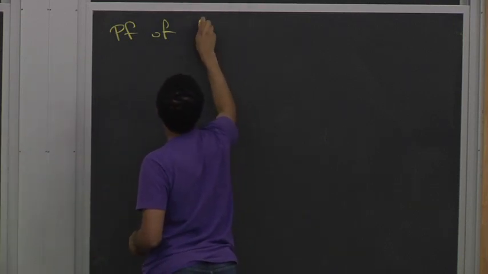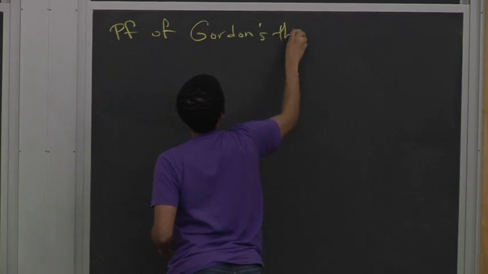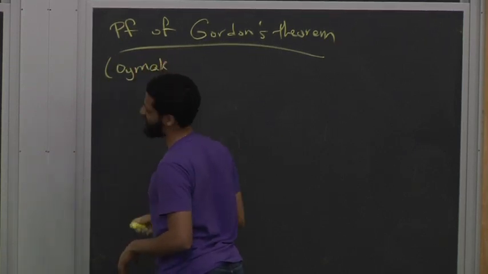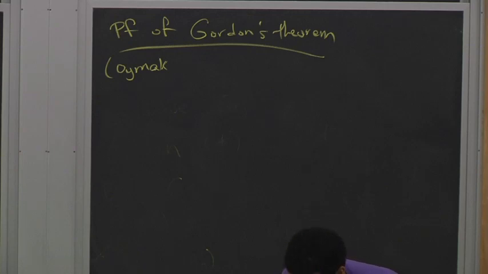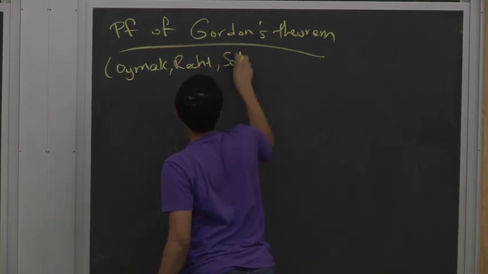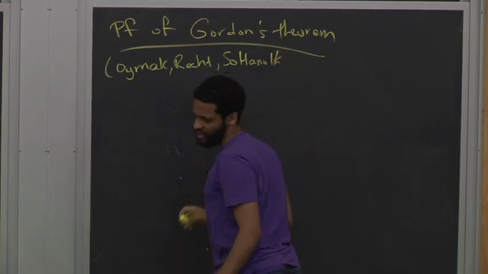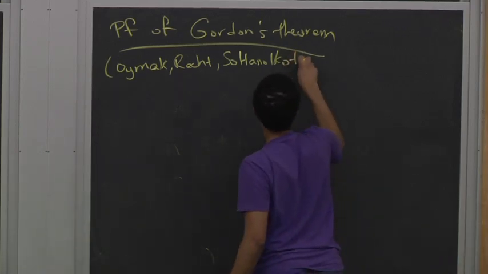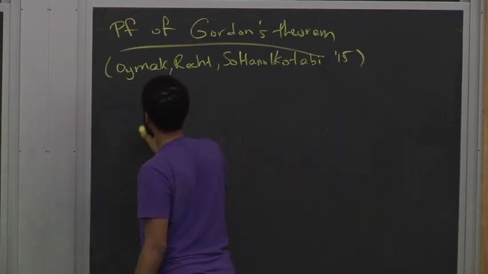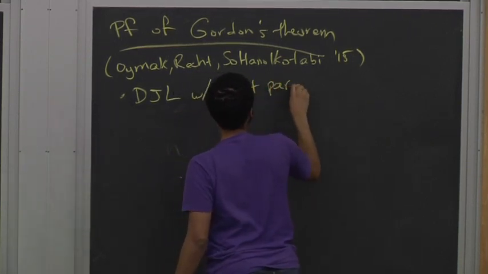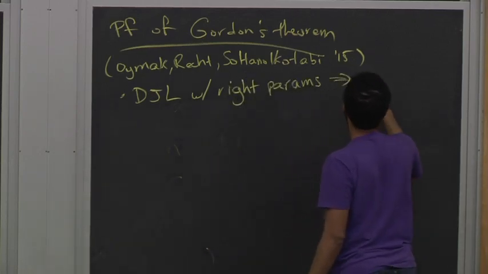The proof of Gordon's theorem: there's a recent paper from this summer due to Oymak, Recht, and Soltanolkotabi, I believe, which says DJL with the right parameters implies Gordon's theorem.